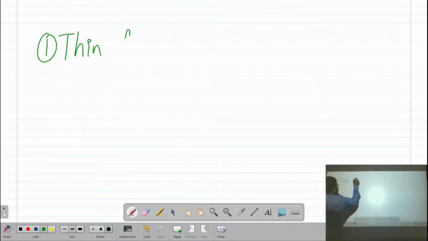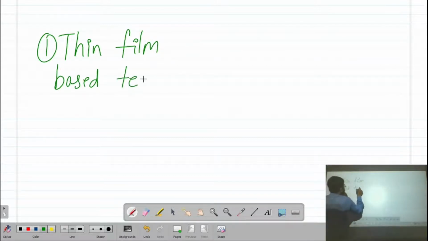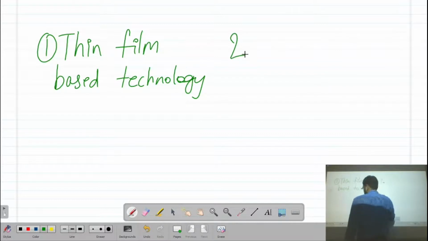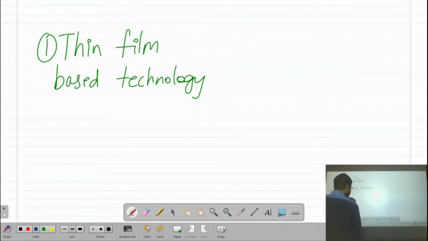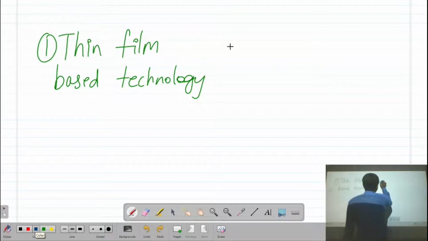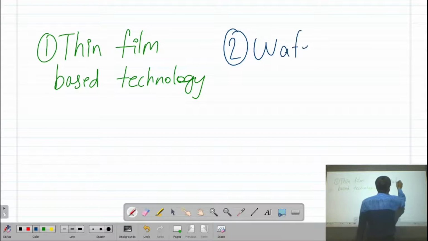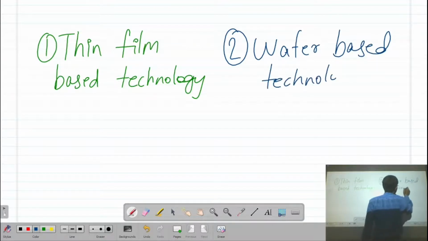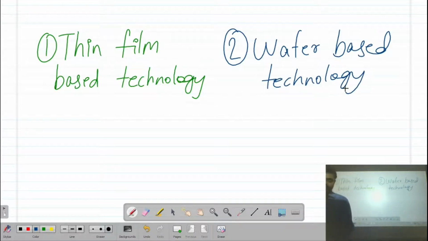Number 1, thin film based technology, and number 2, the other one is wafer based technology.